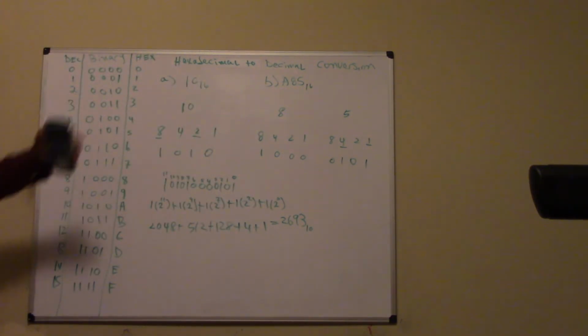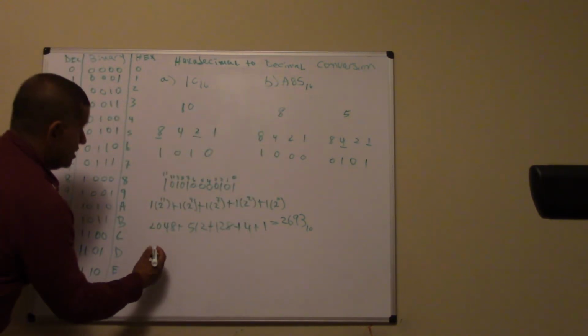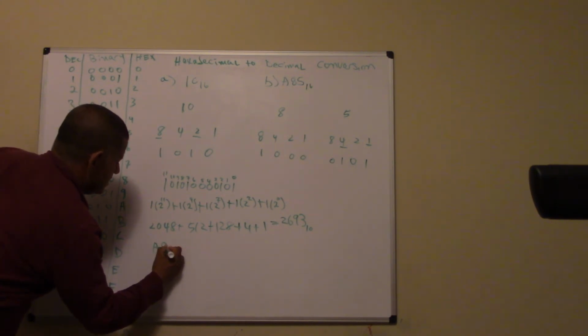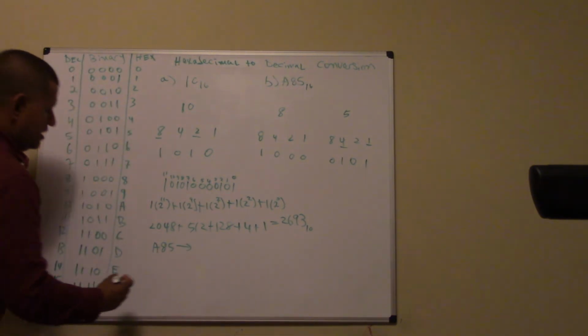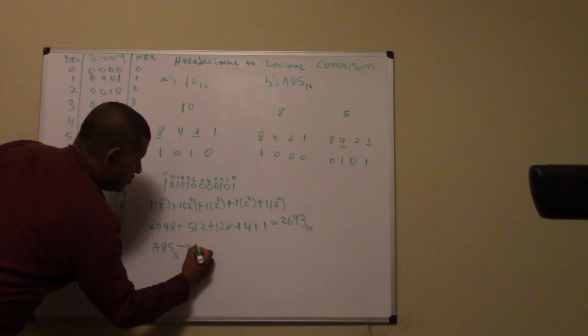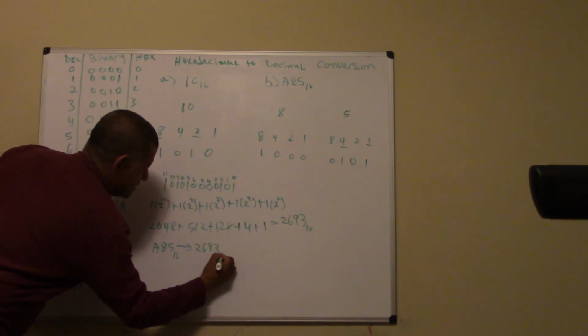So this B, which is A5, corresponds, base 16, correspond to 2693 base 10.